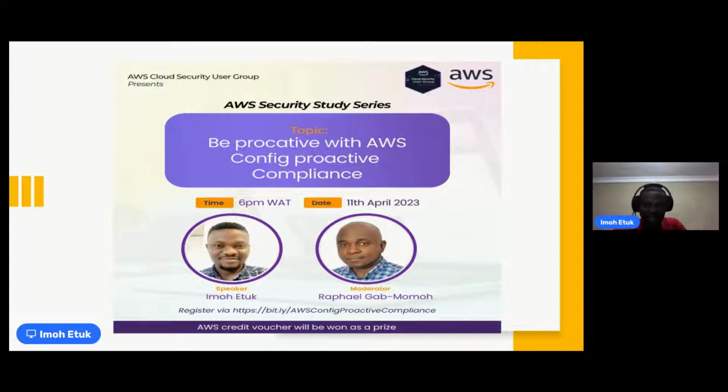I'm going to be a speaker for today's event, once again, as I was yesterday. So today we're going to be talking about how to be proactive with AWS Config Proactive Compliance. AWS Proactive Compliance is one of the newly added features to the AWS Config resource on the AWS cloud.